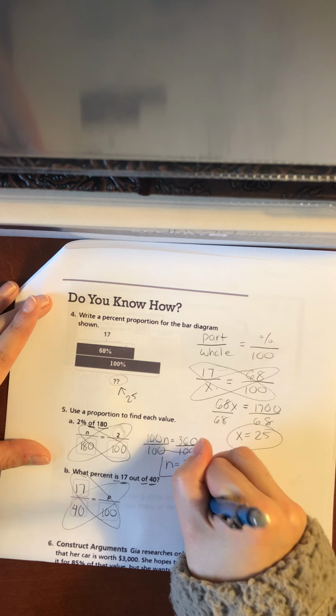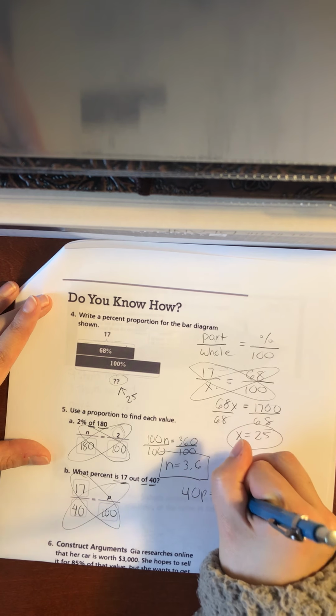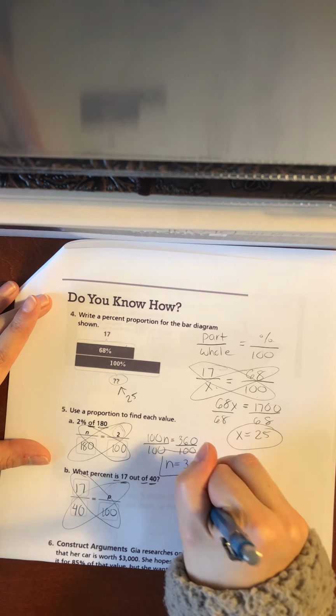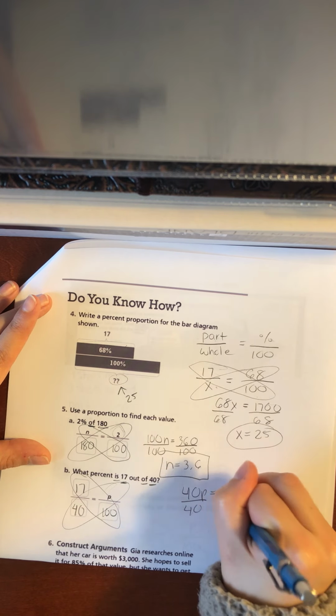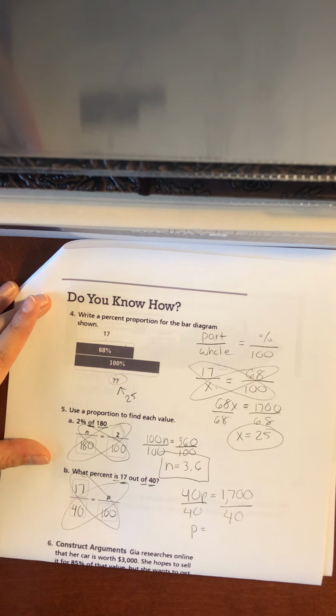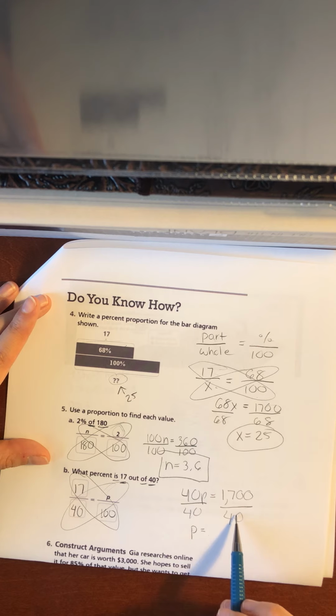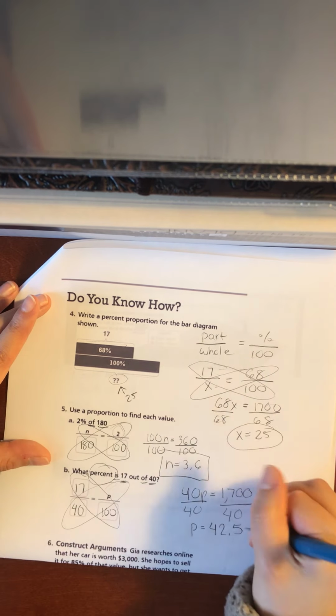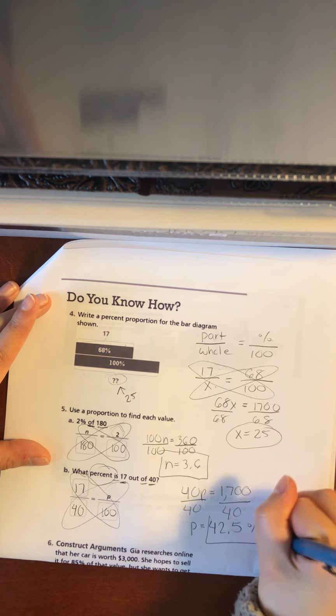Multiply. 40p equals 1,700. Divide by 40, divide by 40. P equals 1,700 divided by 40 is 42.5. And it's saying what percent, so 42.5%.